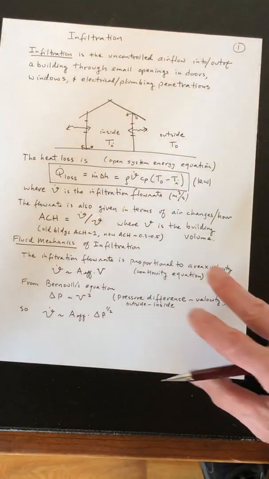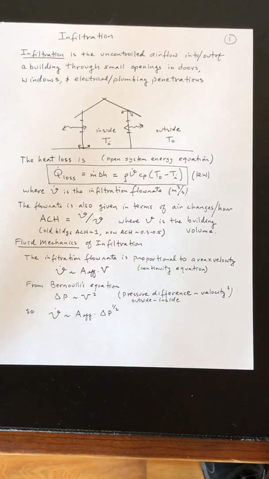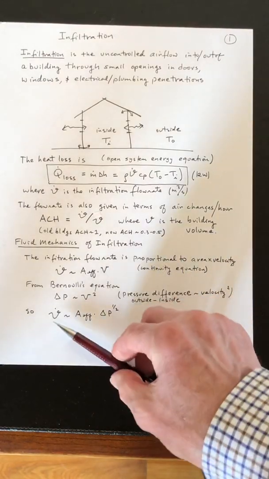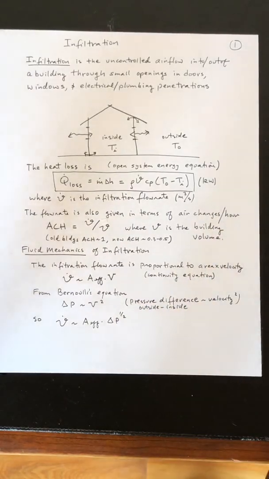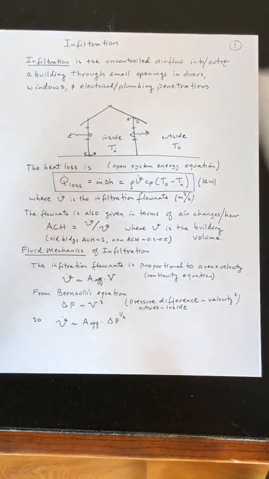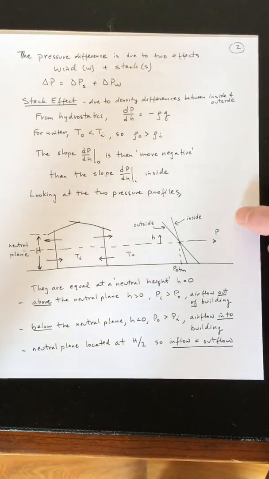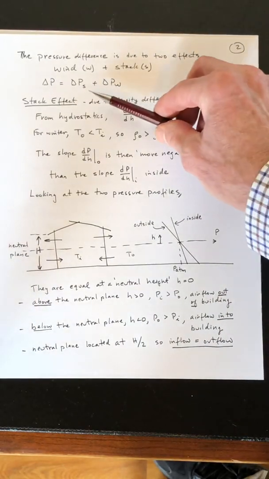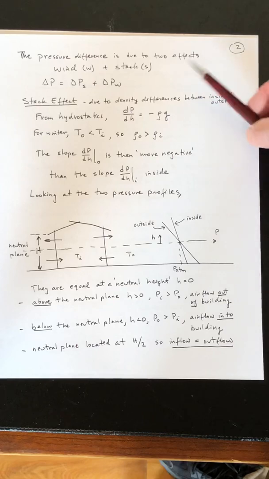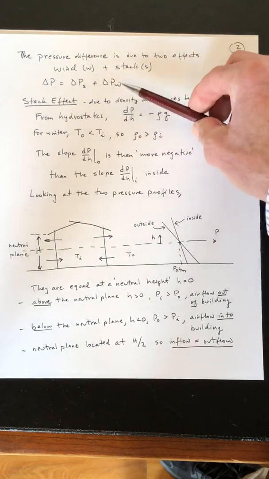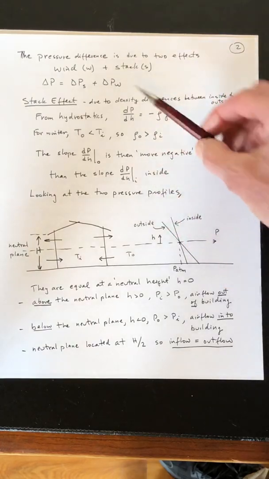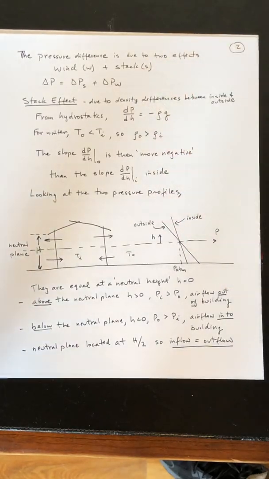So we can then express the flow rate as a product of the area and the pressure difference to the 1/2. And there are two physical features that we need to consider. One is called the stack effect, due to density differences between inside and outside. And the other one is the wind effect, just due to the pressure of the wind on the building.